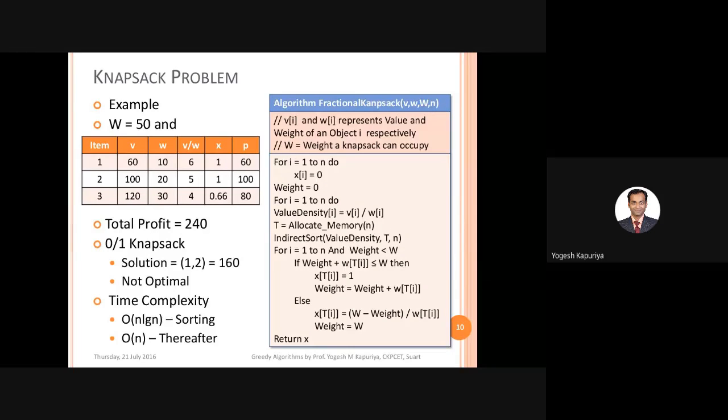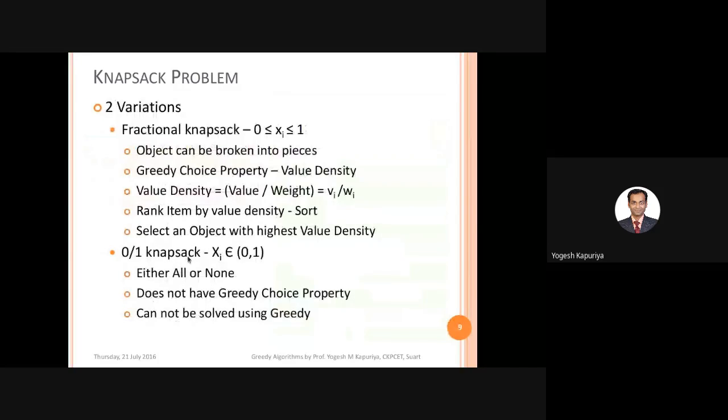Anyone? Okay, it's very simple, right? And what is the reason? Cost, fine. But at the same time, we are also interested in minimizing the weight because we want to increase the number of objects also. The weight of the Parle-G is just 100 gram, whereas the weight of an iPhone is 200 gram. So how do you identify whether I should go for a lower weight object or a higher value object?